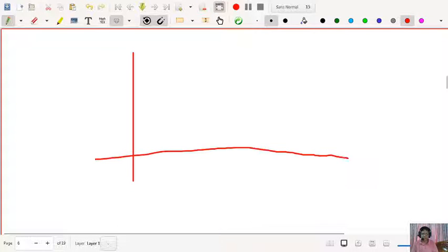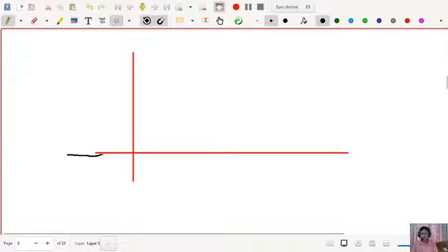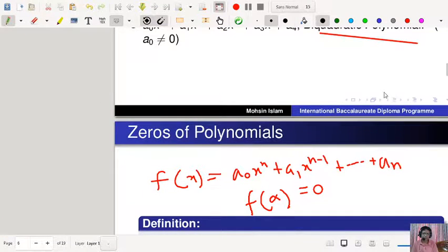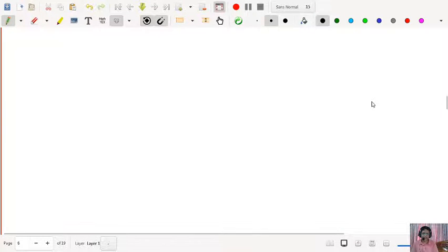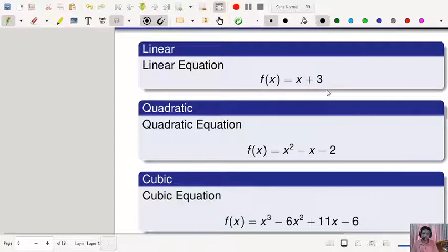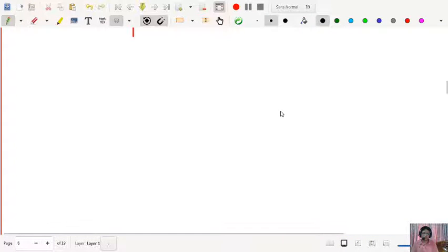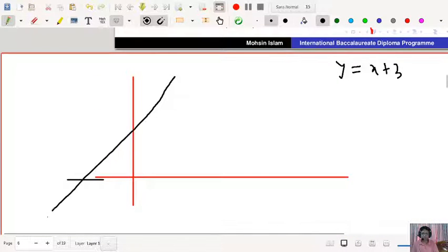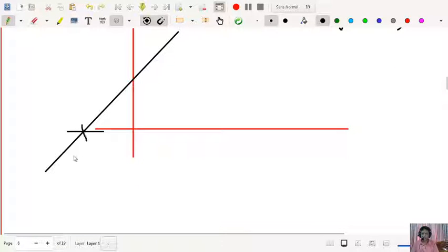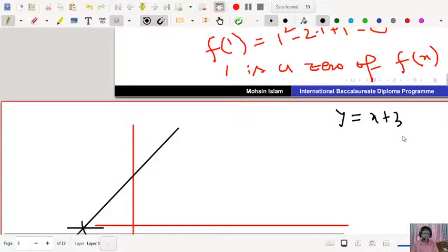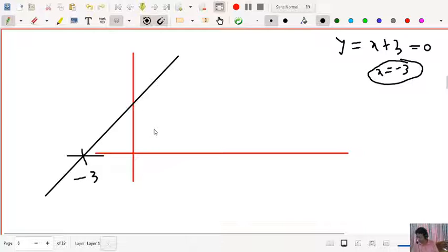This is your coordinate axis, and I want to draw y equal to x plus 3. This is a straight line, so it will be like this. This is your minus 3. What is the zero of this polynomial? If you consider y as 0, then x equal to minus 3 is the zero of this polynomial. So what is the geometrical meaning?